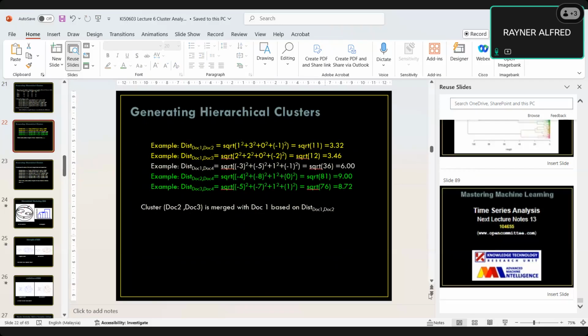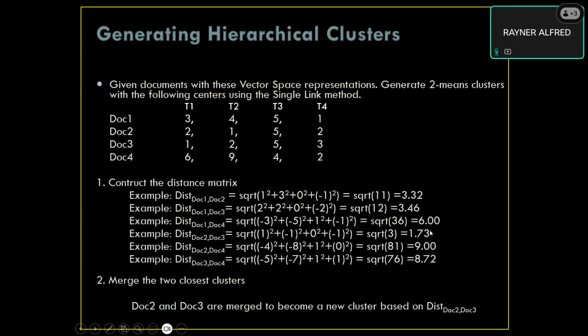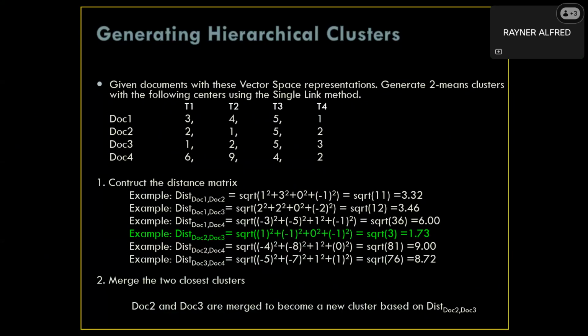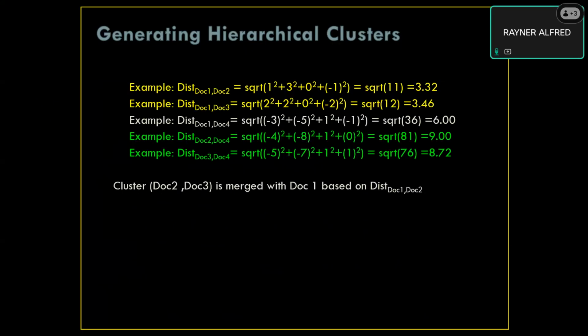Okay, so once we combine them, from here we combine this. Okay, so what is left is we have 1 and 2 plus 3 and then 4. Okay, so now we want to find what is the distance between document 1 and cluster 2 and 3.